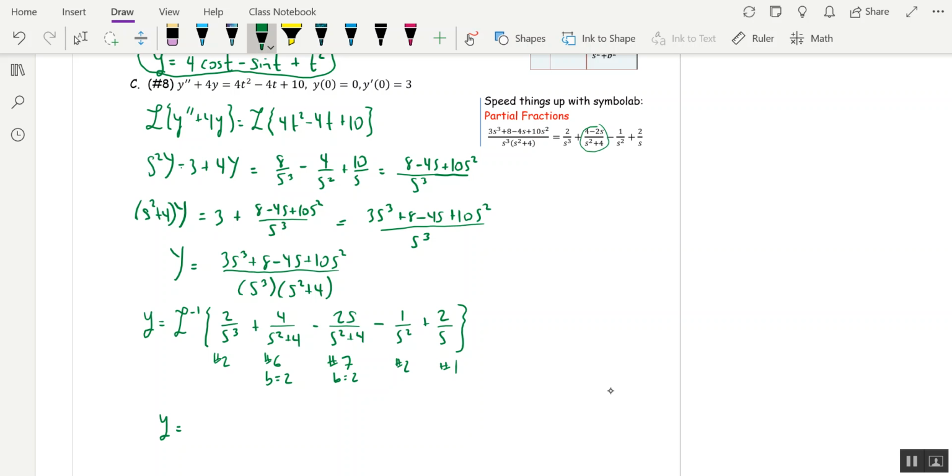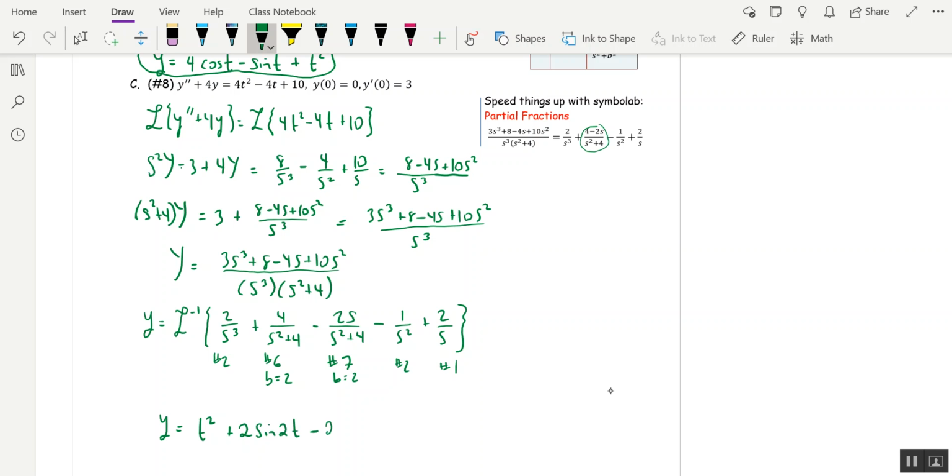So little y equals, ready to write down our answer, t squared. And then for formula 6, I would need a 2 on top. I have a 4 on top, so I'll pull a 2 off. So plus 2 sine 2t minus, this guy only wants an s on the top, so pull that 2 out to the side.